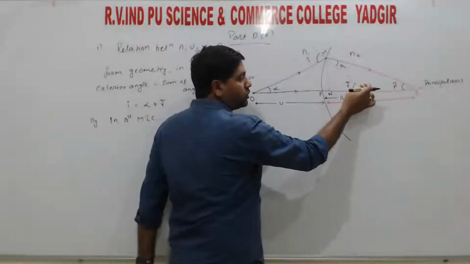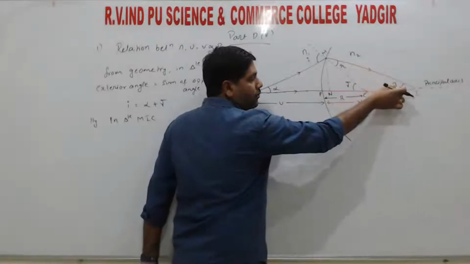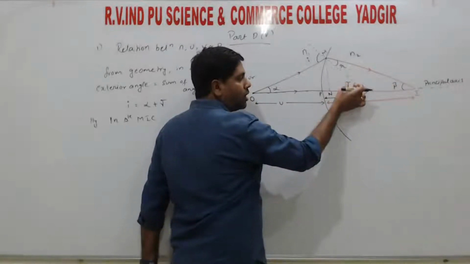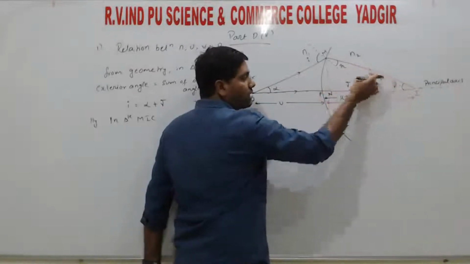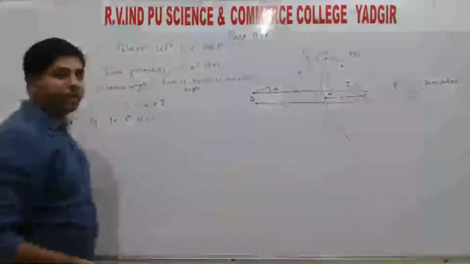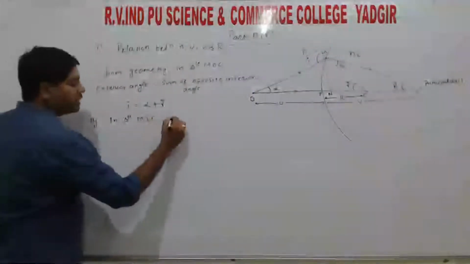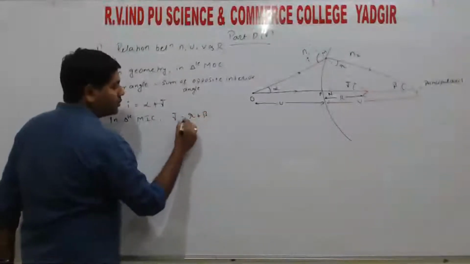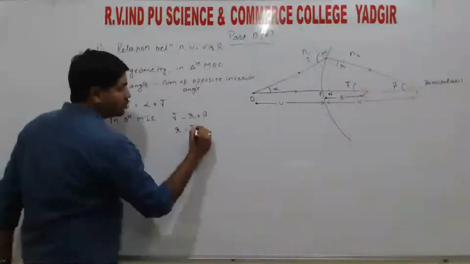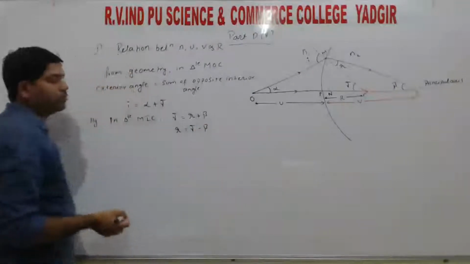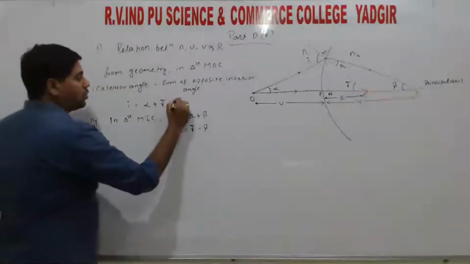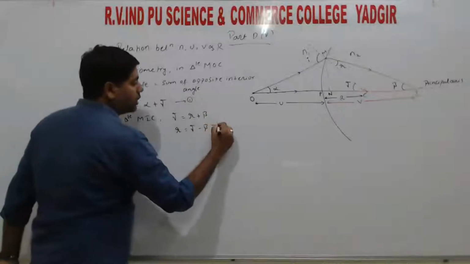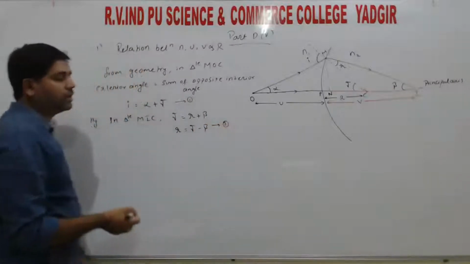So opposite to this angle are r and beta. So exterior angle is gamma, that is equal to the sum of opposite angles, that is r plus beta, right? So in this triangle gamma is equal to r plus beta. So we need r, so r is equal to gamma minus beta, right? So call this equation 1, equation 2, right?